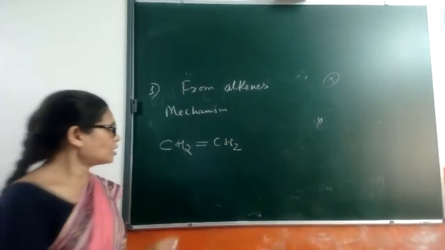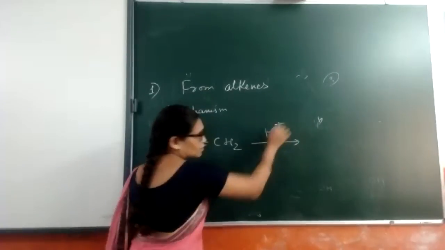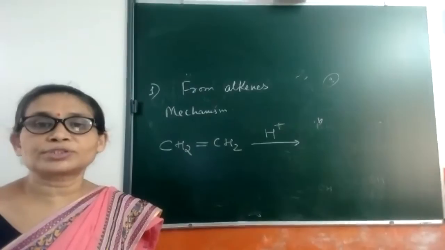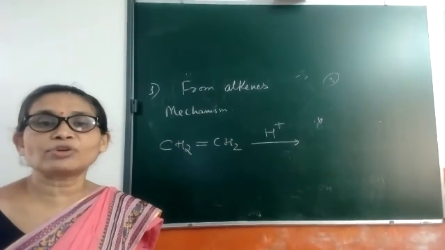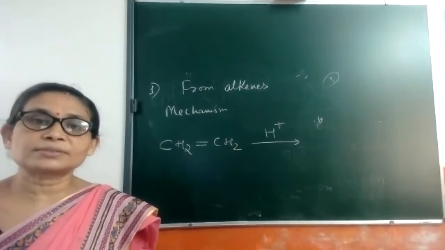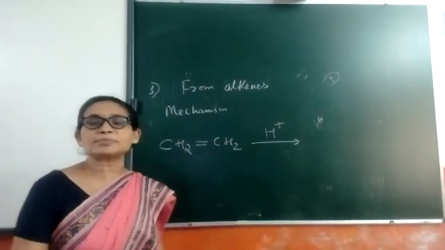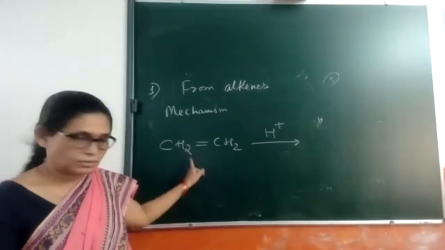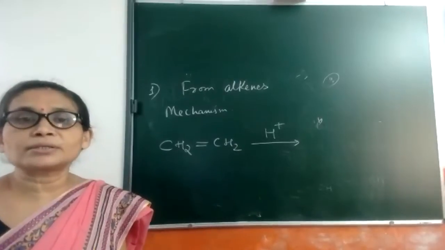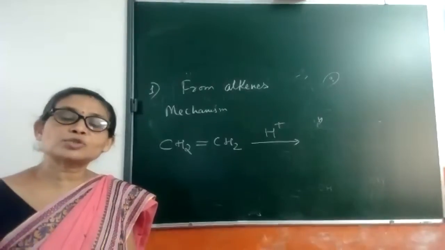So first of all, who is coming? H plus. Now from where is this H plus coming? The acid that you have used, H2SO4 or whatever acid, supplies H plus. Getting my point? Now when this H plus approaches the alkene, its electromeric effect will be seen. What is the electromeric effect? Transfer of pi electrons towards one side.